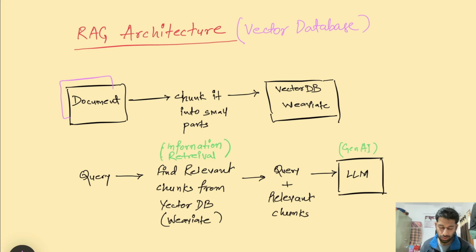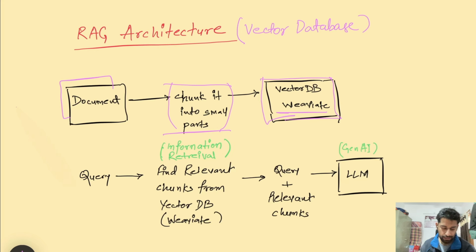How we are going to store it is, we are going to chunk it into smaller parts. Those chunks can be one page of the book, or smaller parts like a paragraph. One paragraph would be one chunk. This chunking strategy depends on your use case. So you are going to chunk it into smaller parts and store it in your vector database. There are many vector databases in the market, such as Weaviate, Pinecone, Chroma. All those are there.